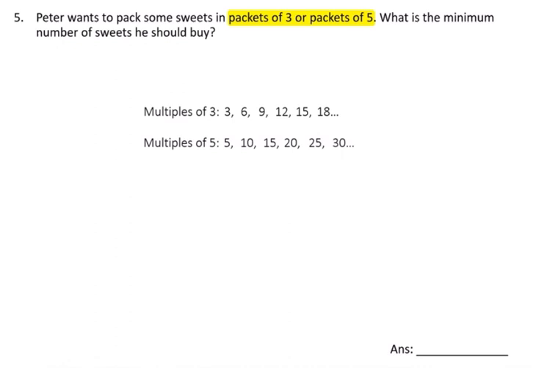If you look at these 2 rows of multiples, there is one multiple that is the lowest common one. Correct. So the minimum number of sweets is 15 sweets, because you can pack into packets of 3 without any remainder, and also packets of 5 without any remainder. It fits into the packets.